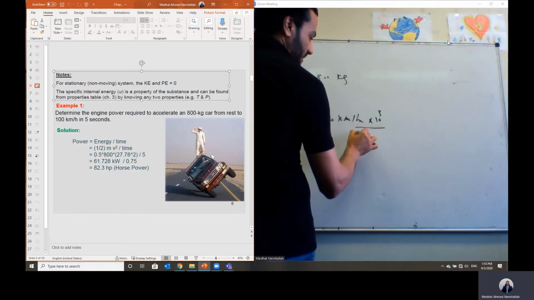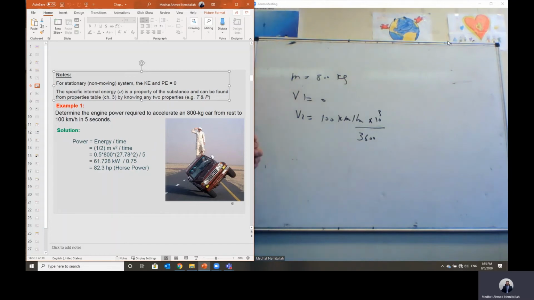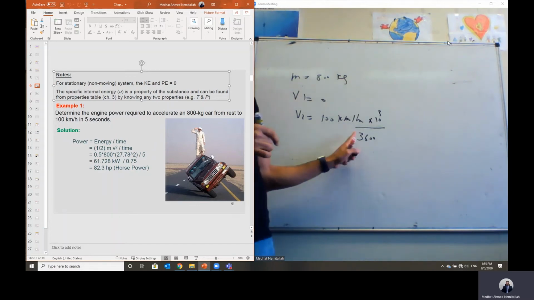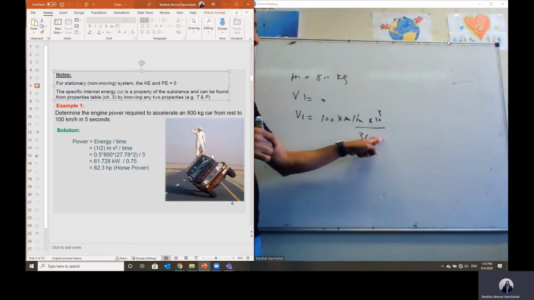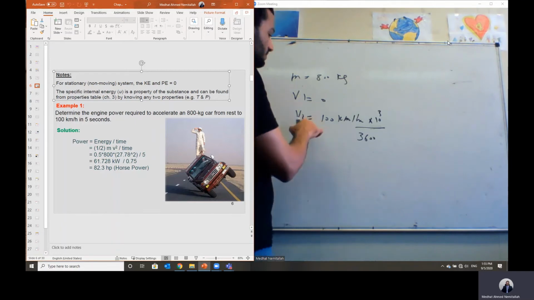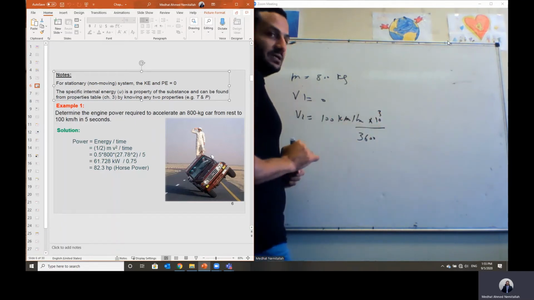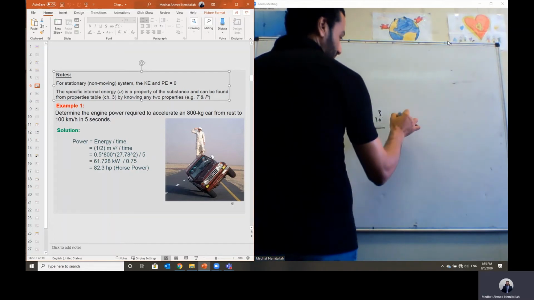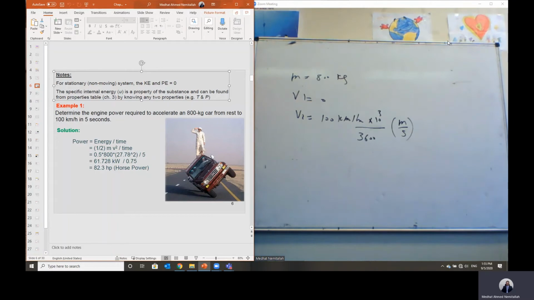For per hour, we have to divide by 3,600, which is 60 by 60: 60 to convert from hours to minutes, and another 60 to convert from minutes to seconds. Then V2 equals 100 multiplied by 10 to the power 3 divided by 3,600, and the unit should be meters per second.